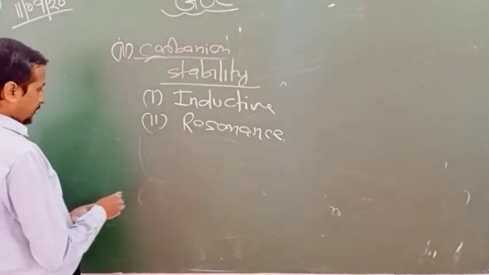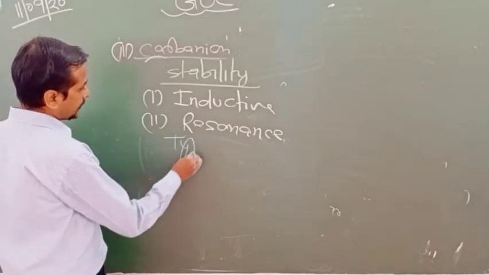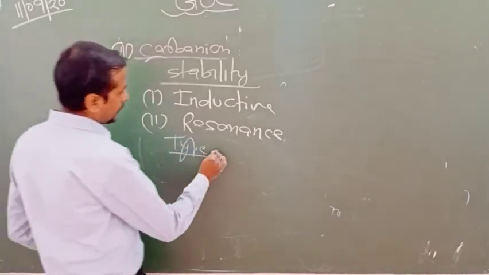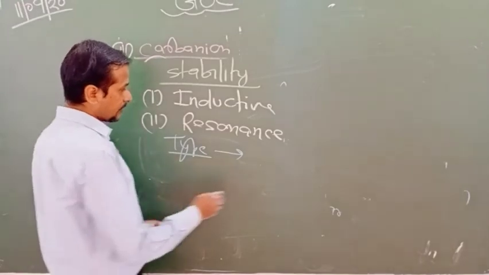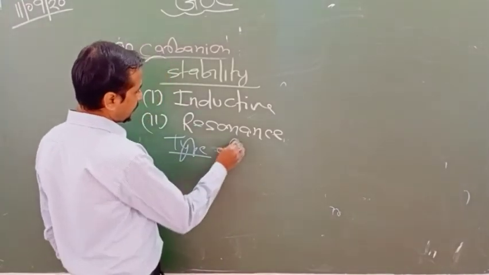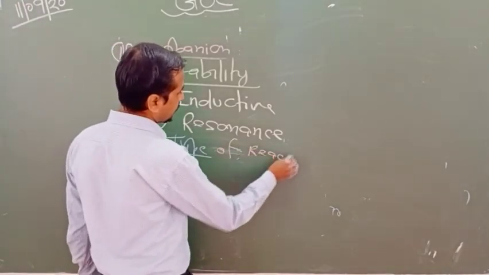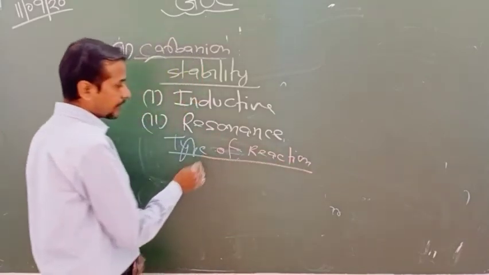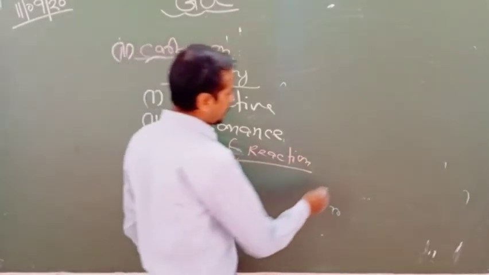Now students, the type of reactions where carbanions are formed. The type of reaction where carbanions are intermediates.